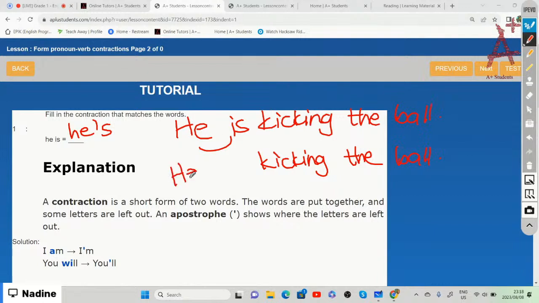So he's, the contraction or the short form of he is. Like we say, whenever we put the apostrophe, it shows where the letters are left out. The letter that is left out there is I. So instead of he is, we remove the I and put the apostrophe there. So now it's he's, right? Not he is, but he's kicking the ball.